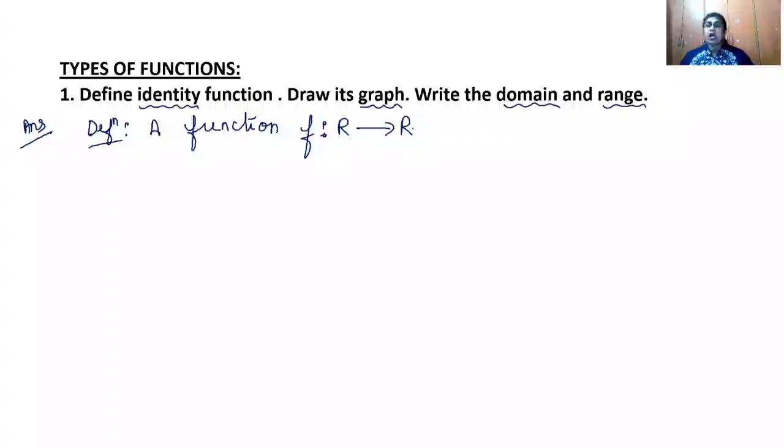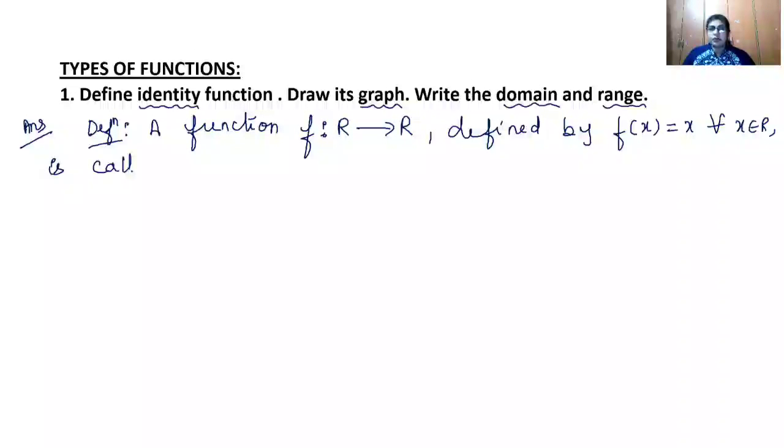Domain is also R, codomain is also R. So a function f from R to R defined by f of x is equal to x, for every x belongs to R, is called an identity function.